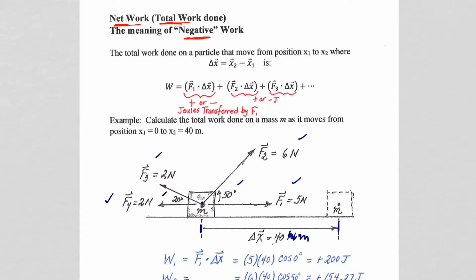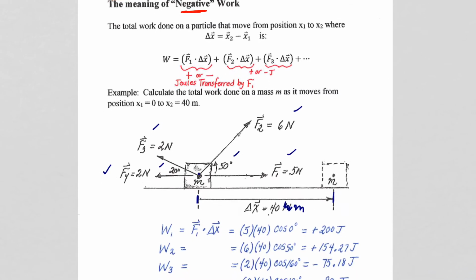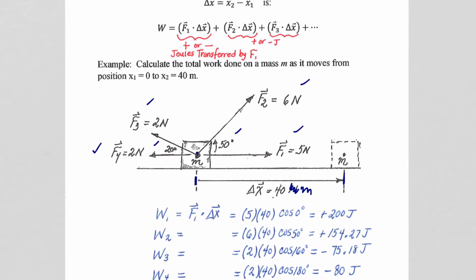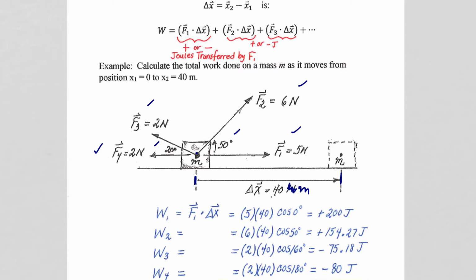And we're just going to calculate the energy transferred by each of the forces individually, and then add and subtract the energy in and the energy out to get the net energy transfer. So we're just doing our same dot product that we've been doing, F dot delta X, for each of the forces individually. So I'll leave it to you to confirm all of these dot products.